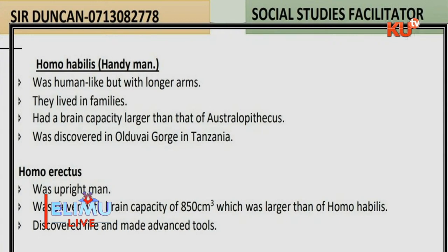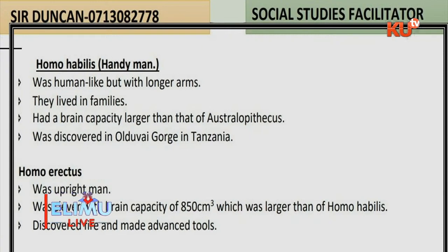Homo habilis lived in families, meaning that after their brains developed, they were able to know that they needed to live in families. Also, the tools of Homo habilis were called pebbles, or Oldowan.